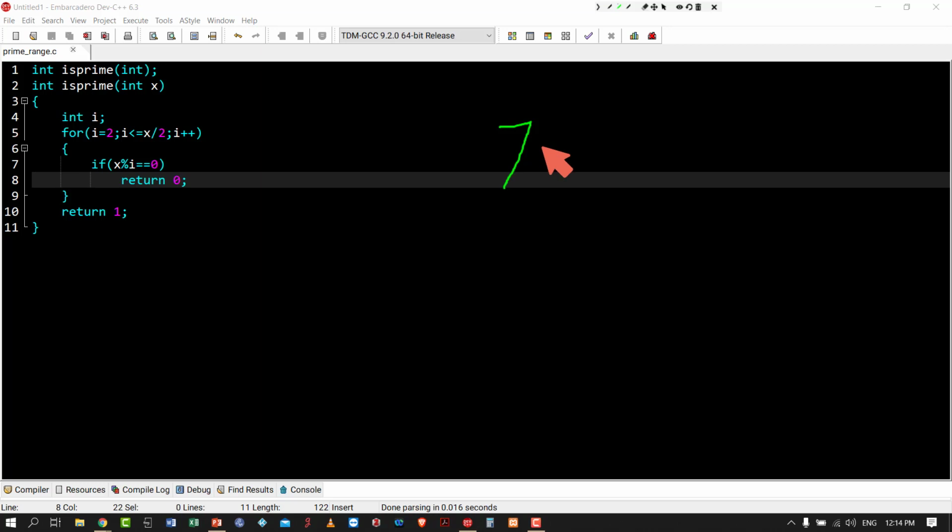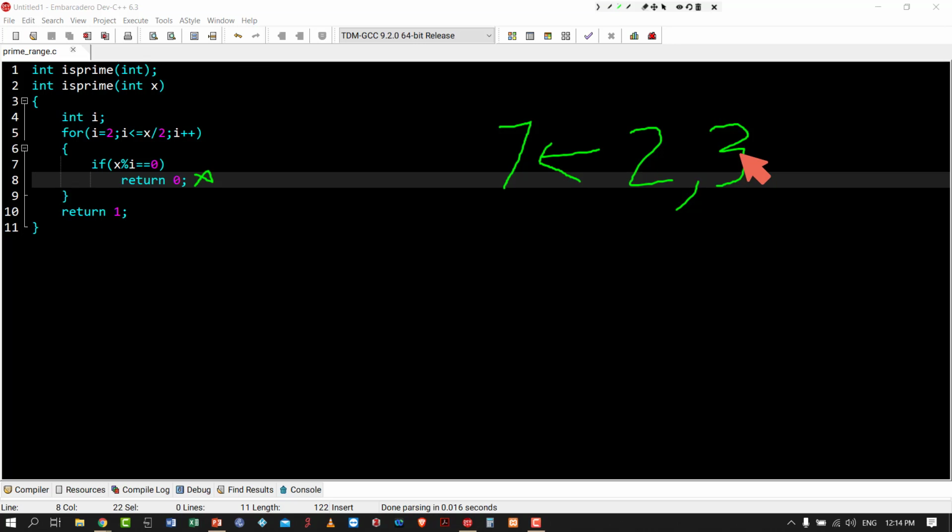Suppose I am giving input 7. What are the possible I values? 2 and 3. So for I values 2 and 3, this loop will execute. What is 7 mod 2? 1. Will this statement execute, return 0? No, sir. What is the next I value? 3.